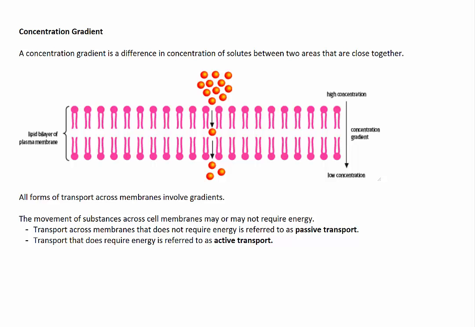So this is an example of a cell membrane, a lipid bilayer, and on one side, let's just say it was the outside of the cell or the extracellular space, there is a higher concentration of these red spheres, which represent a solute, than on the inside of the cell or inside the cytoplasm.